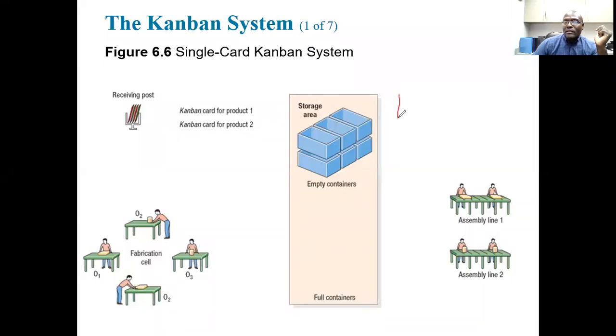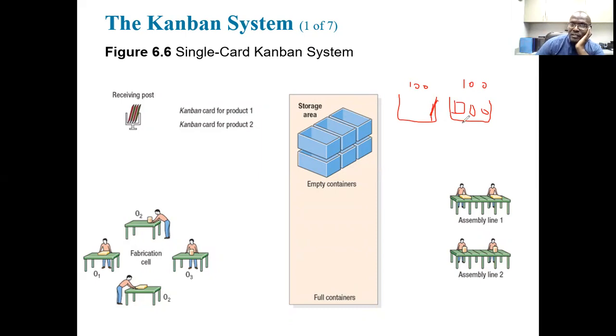So Kanbans, if we're using a 2-bin system, usually have product brought into the system in those 2 bins. Say we have 100 parts here, maybe 100 parts here, and each bin usually would have a card listing what's in the bin and how many parts are in it and so forth.